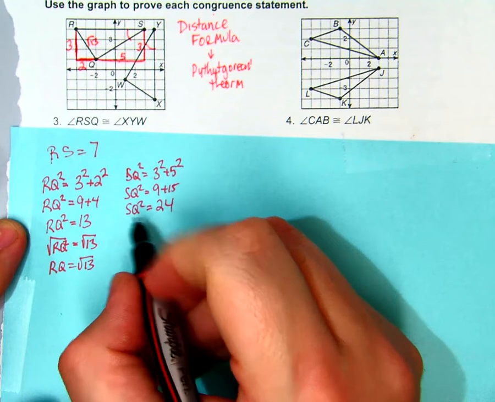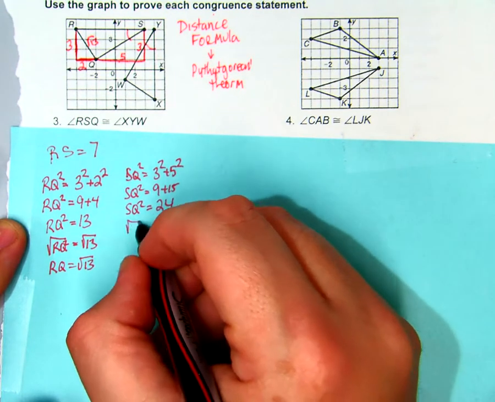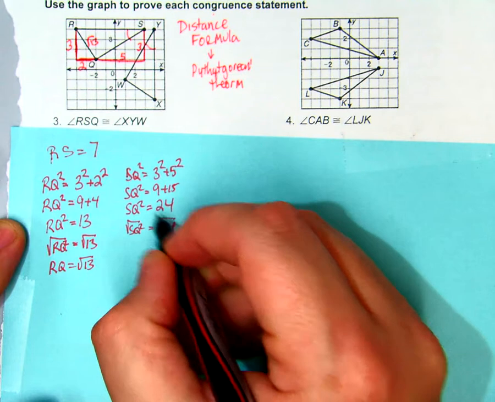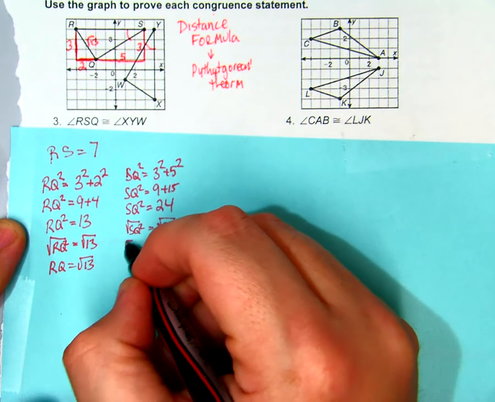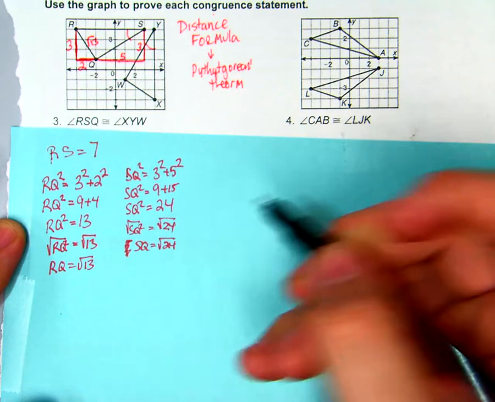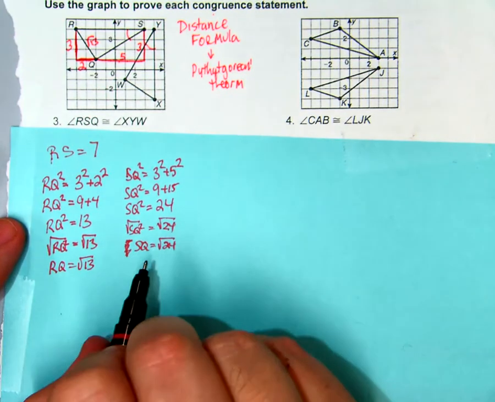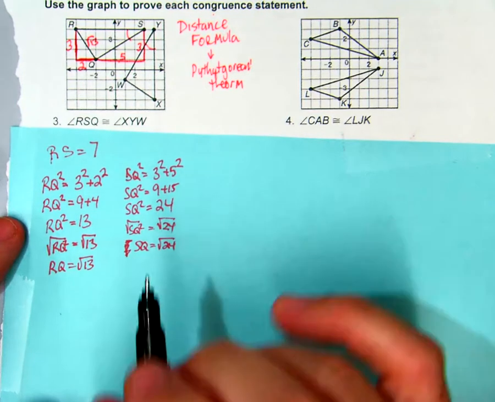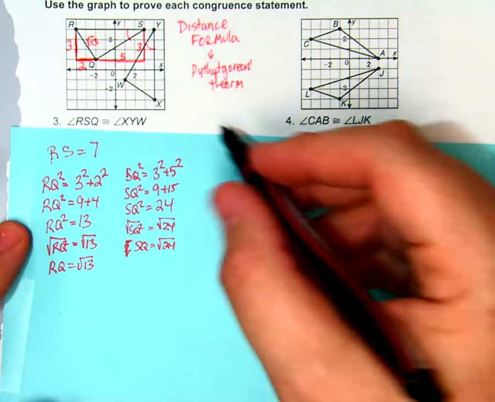So I need to take the square root, and I get SQ is equal to the square root of 24. Now, a lot of times you want to simplify the square root to make it into something that's a little bit easier to work with. For here, we don't really have to.